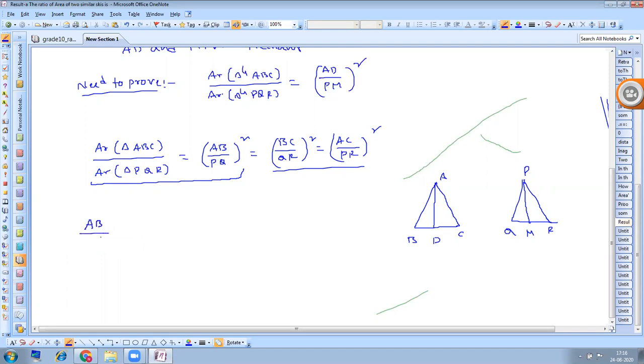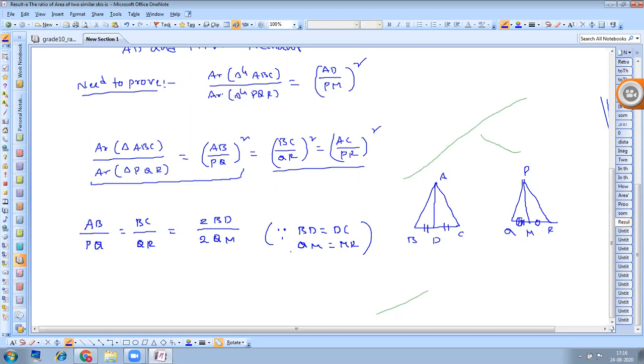AB divided by PQ ratio will be equal to BC by QR. This BC by QR I can write as 2 times BD divided by 2 times QM. Why? Because of the median, BD is equal to DC, QM will be equal to MR. So it is dividing exactly into 2 equal halves.